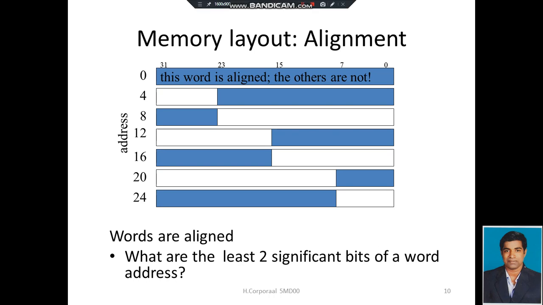Least significant bit means the 0th bit we are considering as the least significant bit. Similarly, the most significant bit is the 31st bit of the particular record.